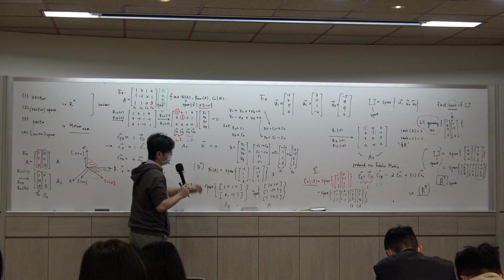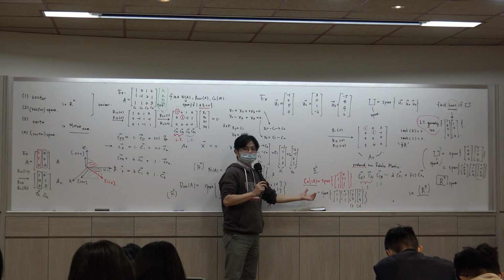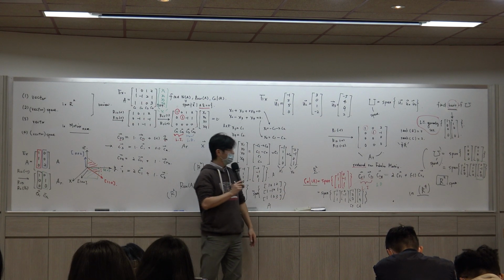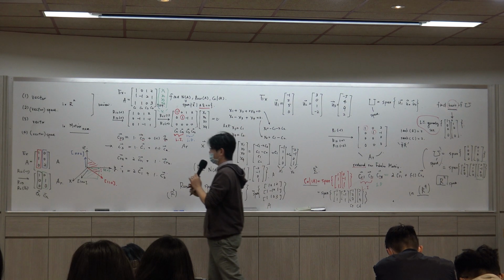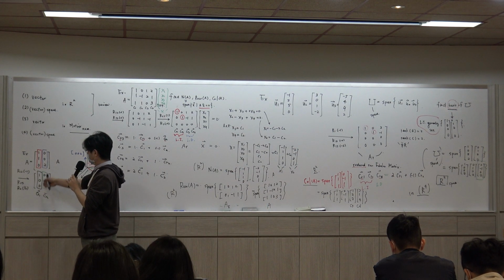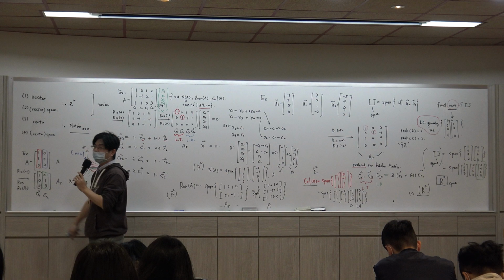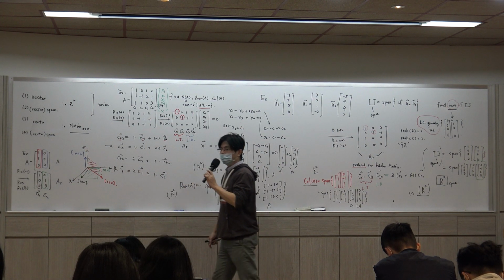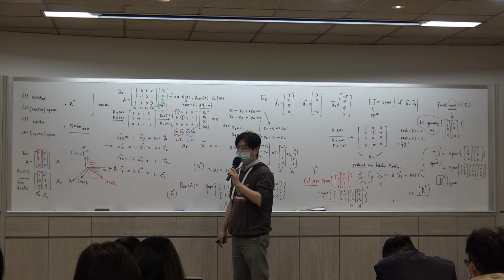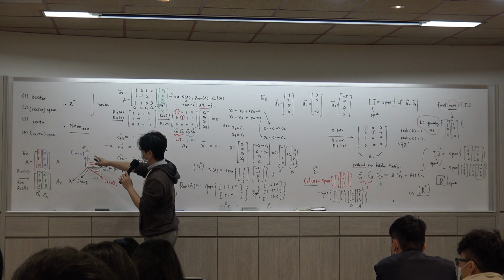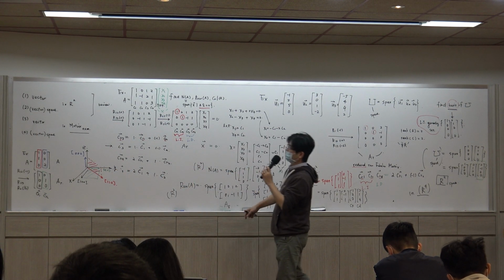But if you want to describe the column space, we need to avoid directly using the column vectors in the reduced row echelon matrix to describe the column space. Okay.